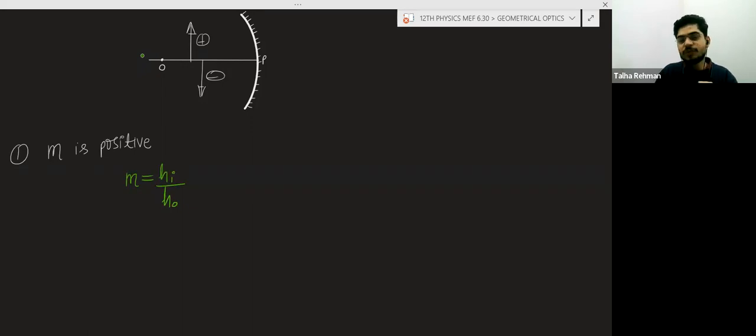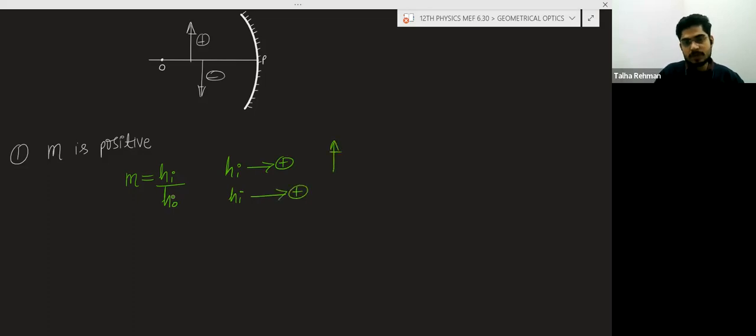For the magnification m to be positive, the height of image and the height of object should both be positive. So height of image is positive.